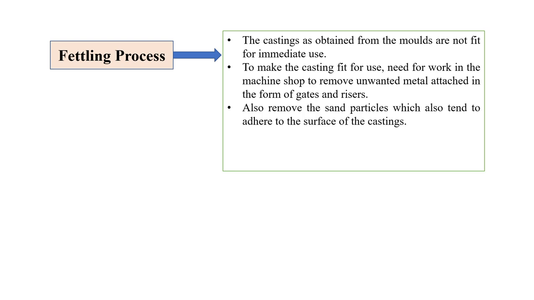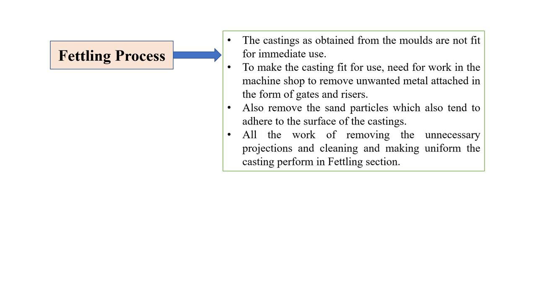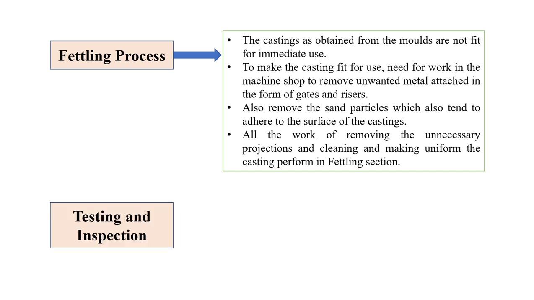Also remove the sand particles which tend to adhere to the surface of the casting. At higher temperature, the grains of sand are fused into the casting, so the surface becomes rough. That requires a machining process. All the work of removing the unnecessary projections, cleaning and making the casting uniform is performed in the fettling section.